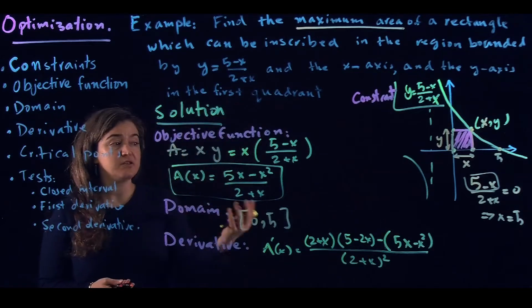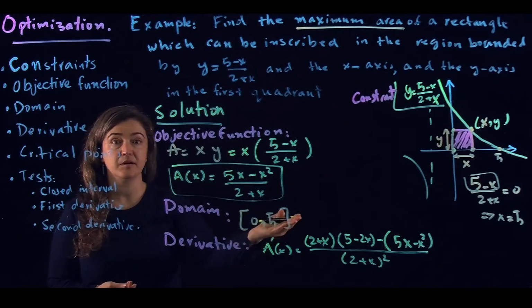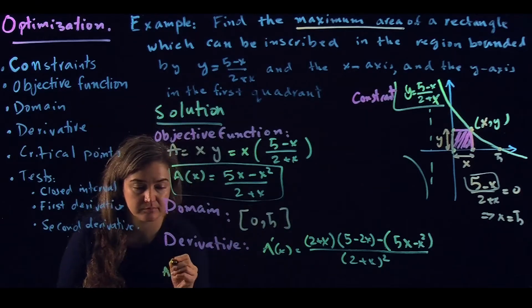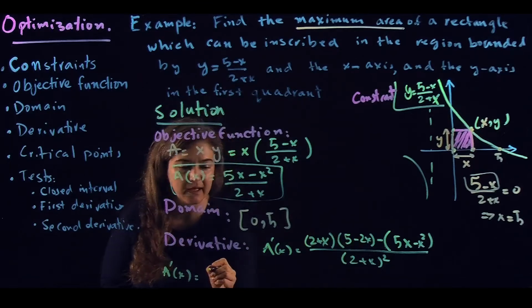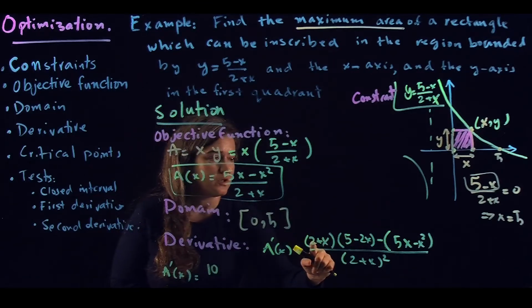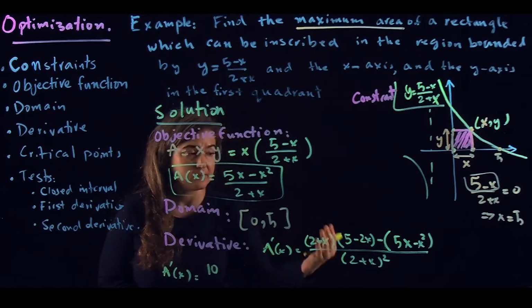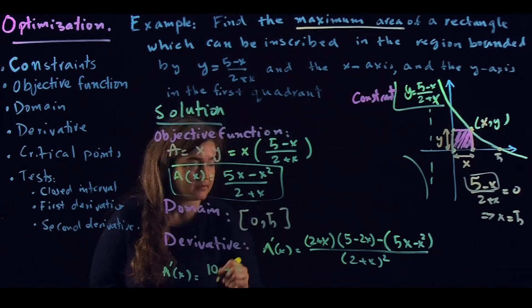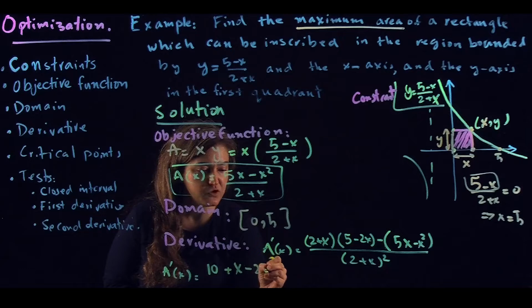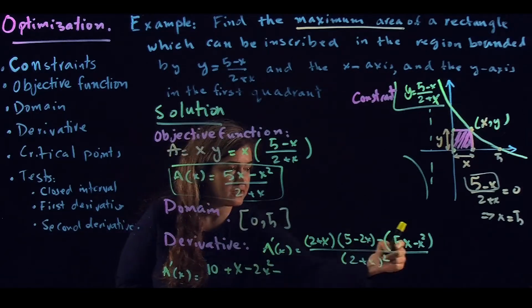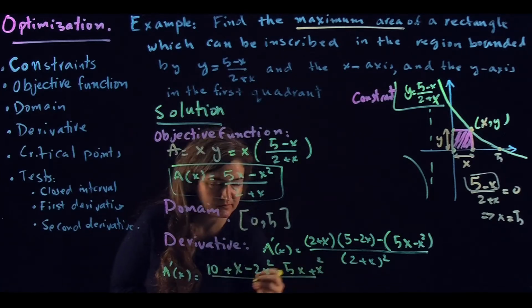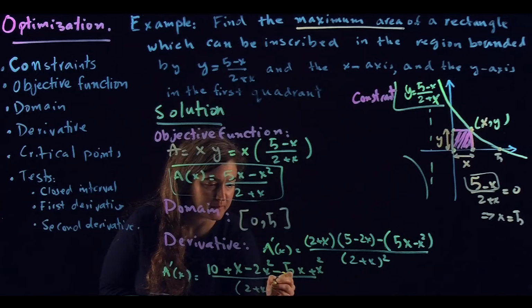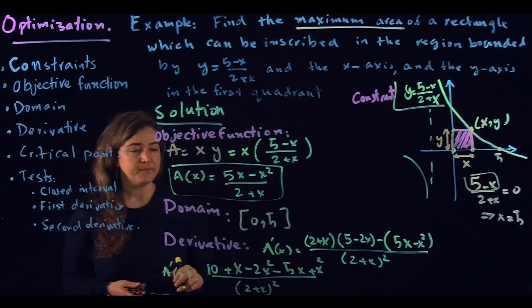Simplify this because otherwise you can't calculate the critical numbers. By foiling these two, we get 10. 2 times negative 2x is negative 4x, and 5 times x is 5x, and negative 2x squared. Distribute the negative sign. Divided by the denominator to power 2.